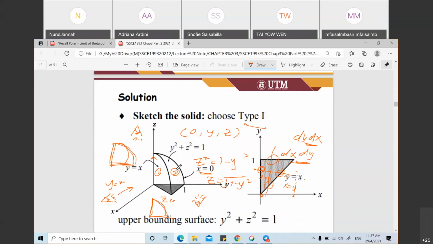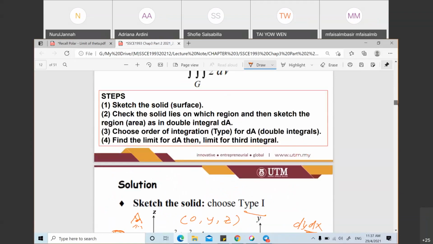Here, right? The same thing. But your y should start from x. This one is y equals to x. This one is y equals to 1 minus x squared. So you have to fix which one you want to integrate.